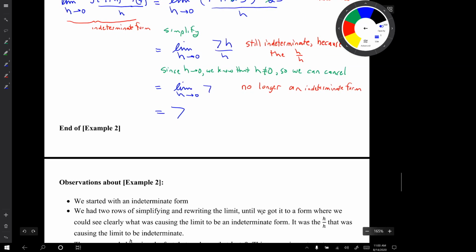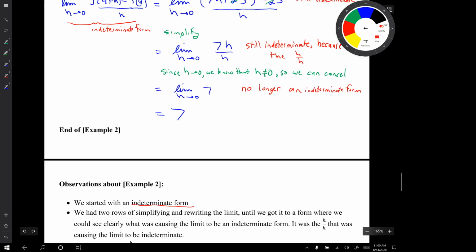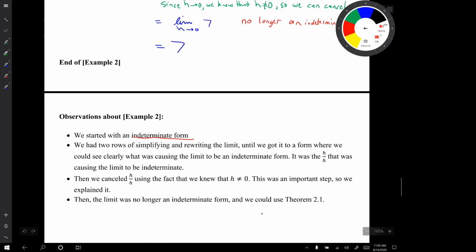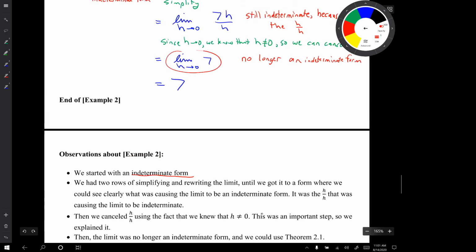We started with an indeterminate form. We had some simplifying, and we arrived at a form that was still indeterminate, but it was clear why it was indeterminate. That was this form. Then we made an argument about why we could cancel. We could cancel h over h because we knew that h was not 0. We arrived at a new limit form that was no longer indeterminate, and so we were able to use a limit theorem to find that limit.